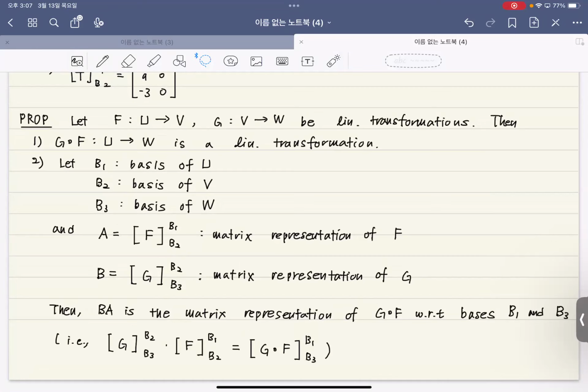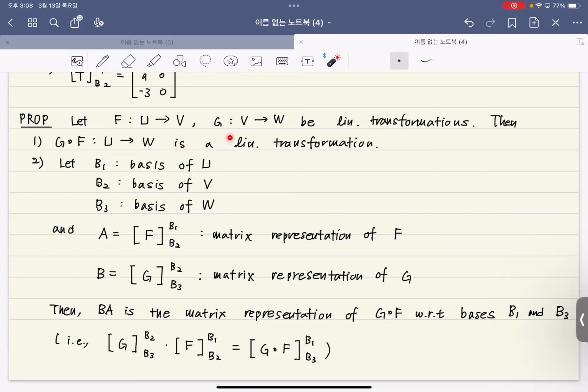This proposition is mainly about the composition of two linear transformations. Suppose I have two different linear transformations. The first one is from U to V, and the second one is from V to W. And the target space of F coincides with the domain space of G. In this case, if you compose F with G, so G of F, this is a linear transformation. Is it clear to you?